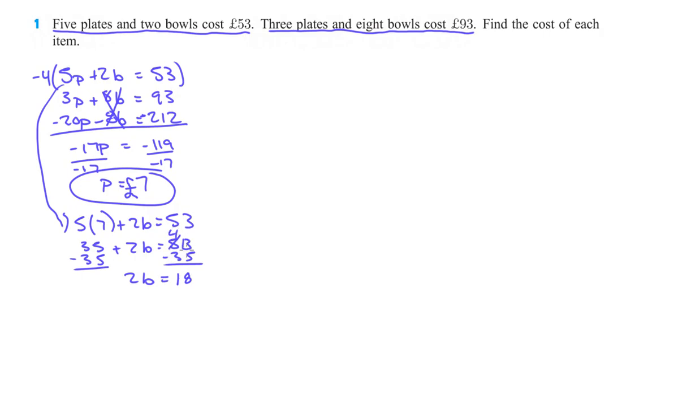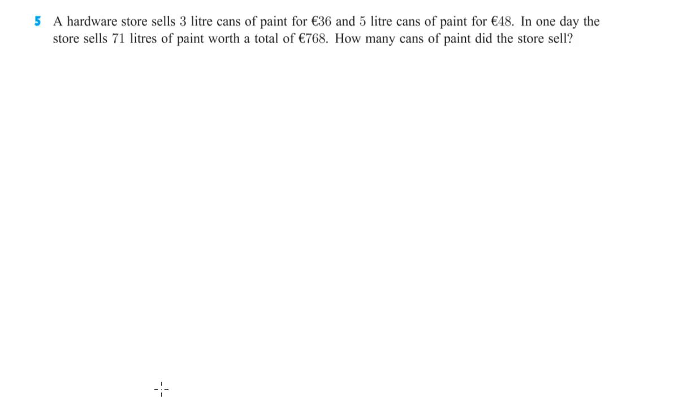Let's double check. 5, 8, yep, 18. Divide both sides by 2. And each bowl is going to be, let's see, I'm going to get another chance to make this pound symbol, 9 pounds. Okay? All right. Next one.